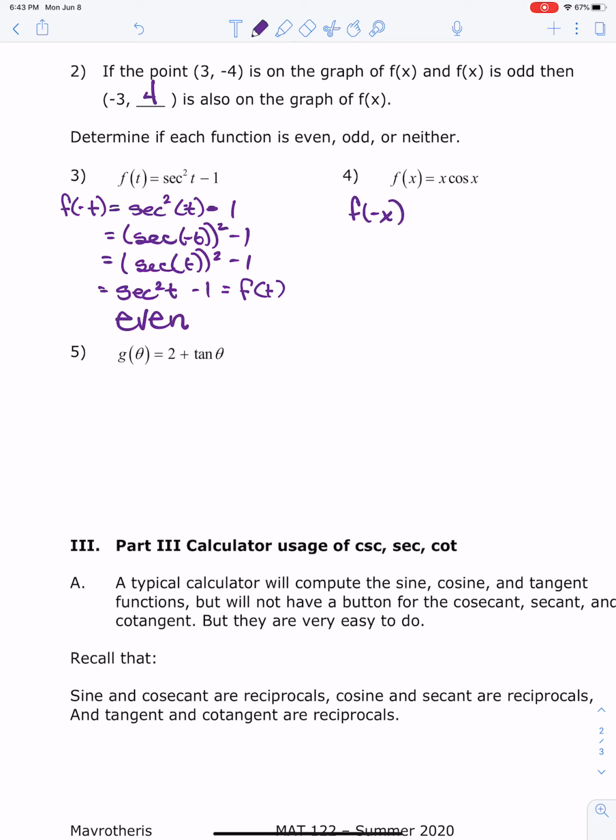f of negative x, we're plugging in negative x. Everywhere we had that x, I got negative x. Cosine is even, so the cosine of negative x is the same as the cosine of x. So we get the opposite of what we started with. So this function is odd.